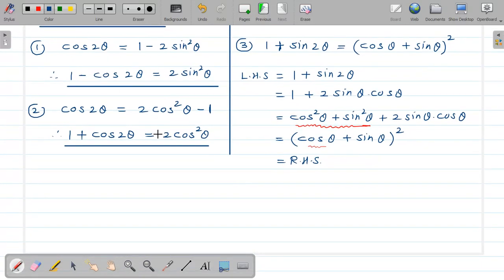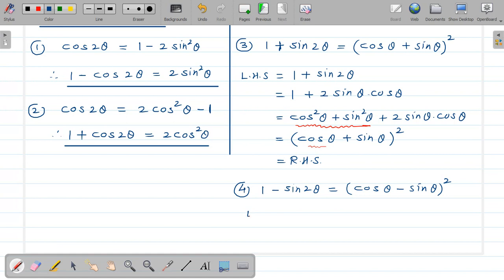Now in a similar way we will get another formula. If I write 1 minus sin 2 theta, then this can be written as (cos theta minus sin theta) whole square.